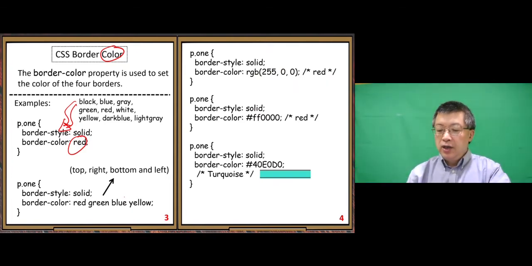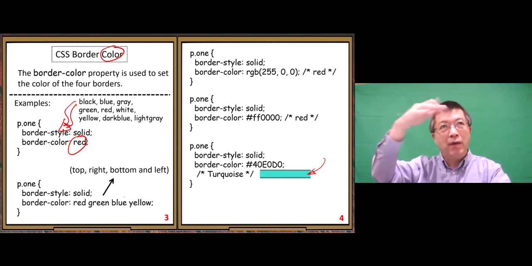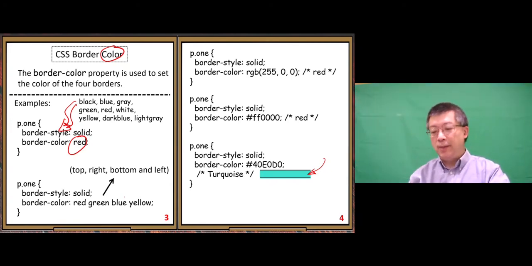It's called turquoise. It's a green. So although it's a green, the number could be slightly different. All right. So now let's look at the first component.